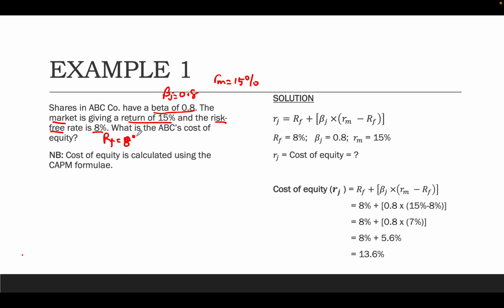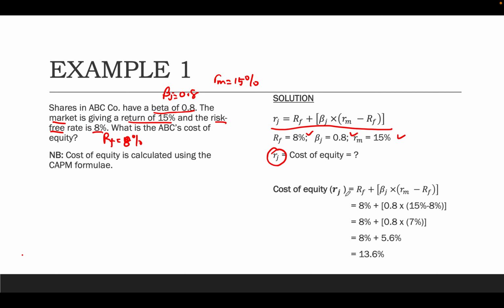So what is ABC's cost of equity or rate of return? They need to find RJ. So you should write the formula first, then the information given, and then put it in.